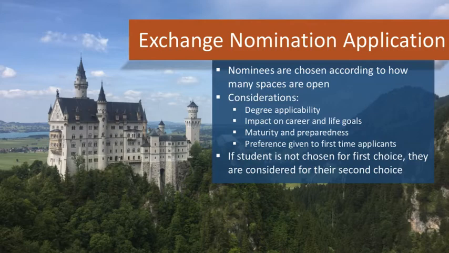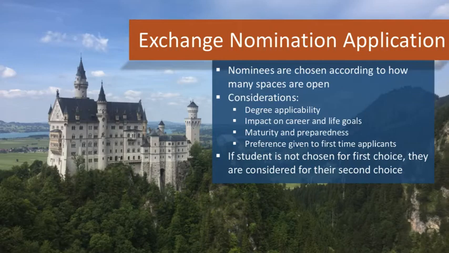So once we know how many spaces we have, we start placing students based on their top choices, and we look at a few things. I mentioned that we prioritize academics, so we look at the applicability of that program on their degree progress. Will they be able to find the courses that they want or need at their top choice institutions? We also look at the impact on their career and life goals.